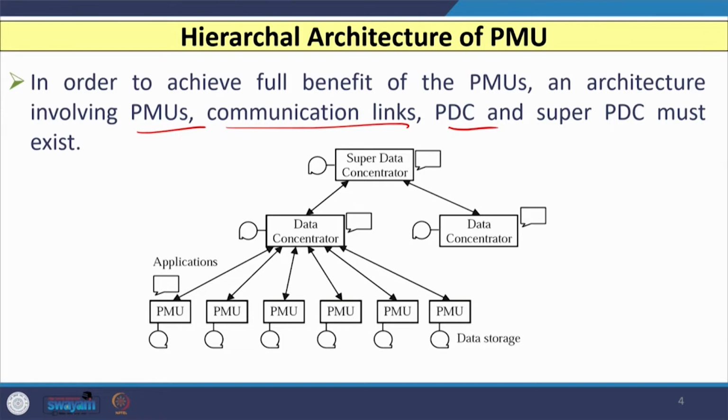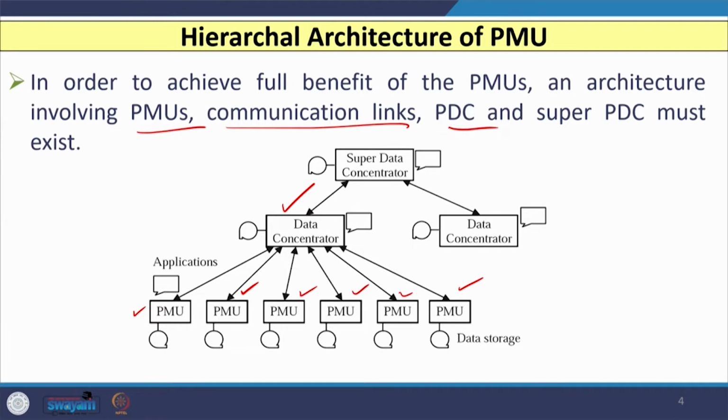You can see in the figure that we have several PMUs installed at several substations, and the output of these PMUs is given to the data concentrator, which is known as the phasor data concentrator. Maybe for every 15-20 PMUs we have one phasor data concentrator.